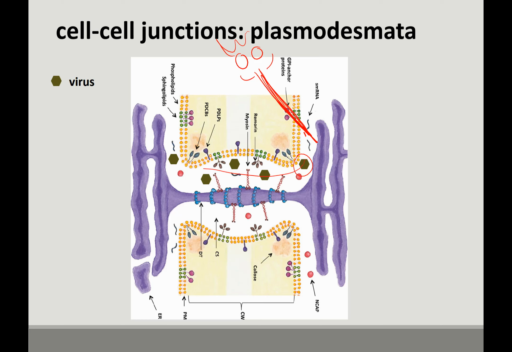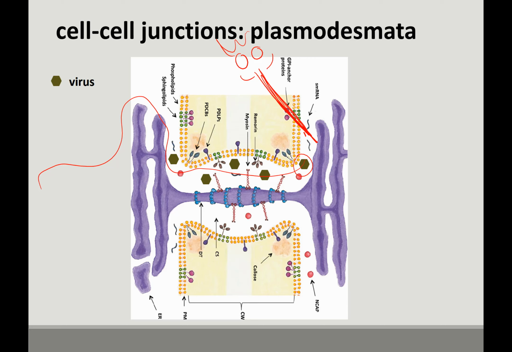And now the virus can travel cell to cell by going through the plasmodesmata. And plant viruses can be between 20 and 50 nanometers. So they definitely could not fit through a gap junction. So we do not have viruses transmitting from cell to cell through our gap junctions. But plasmodesmata are definitely big enough.